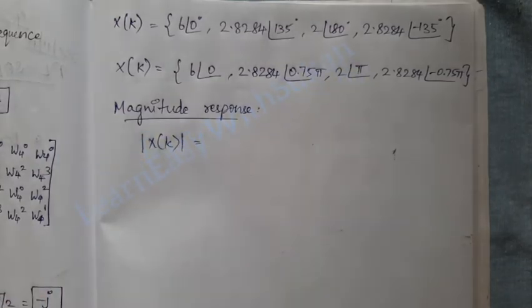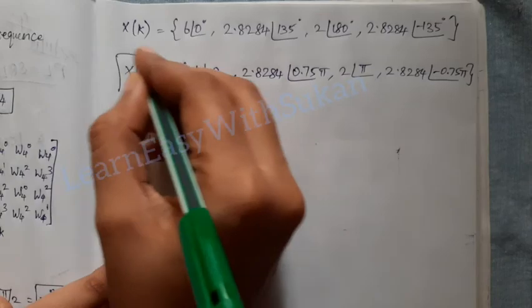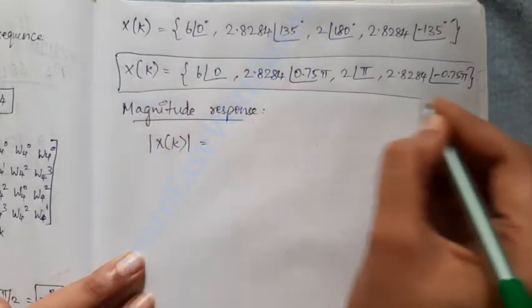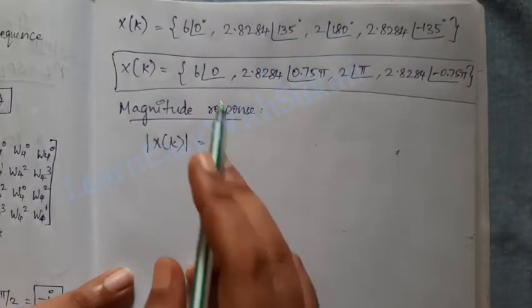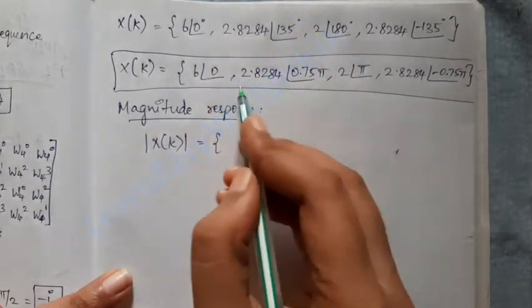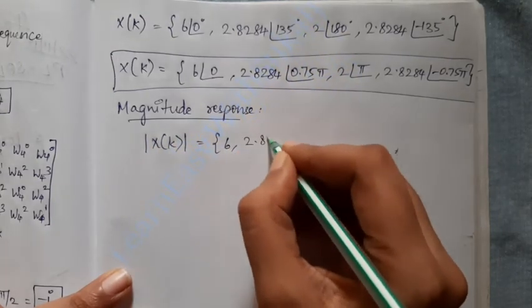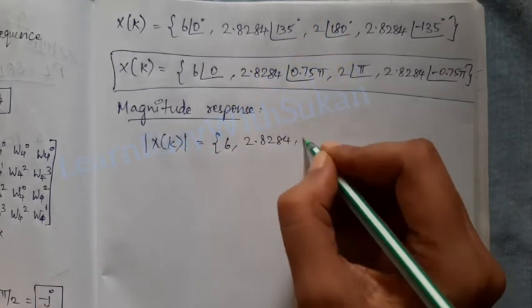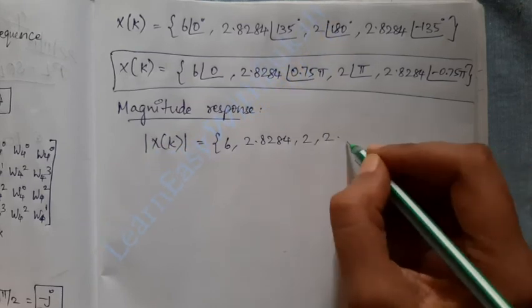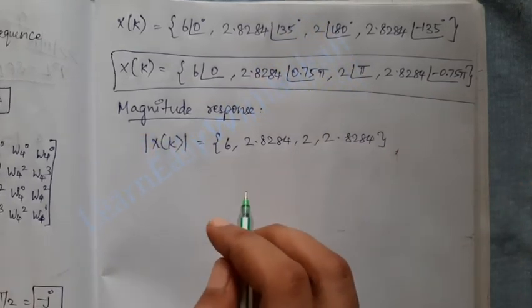From this answer you should take for plotting the magnitude alone, don't consider the angles. Okay, 6, 2.8284, 2, 2.8284. Now plot this as usual.